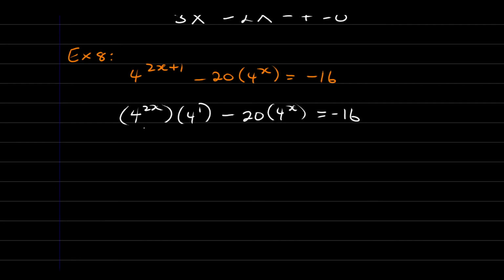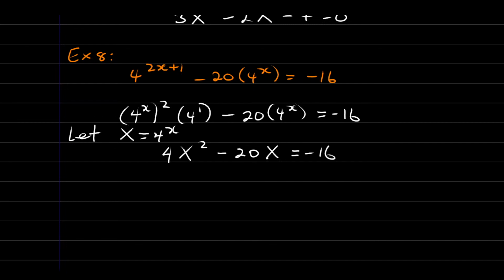I'm going to write this over here, and I'm going to erase this and write it over x to the 2nd power. Right? So now I can say let x equal 4 to the power of x, and we're going to get x squared times 4 minus 20x equal to negative 16. Put everything on one side. We get 4x squared minus 20x plus 16 equal to 0.